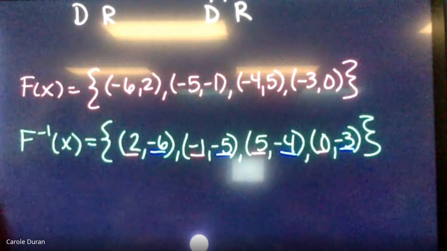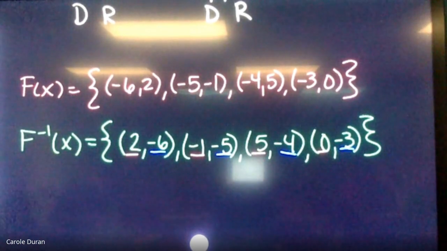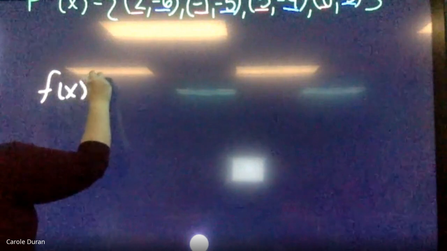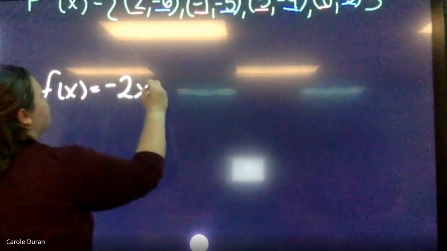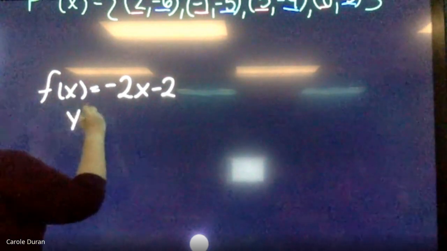So what happens if we're given a function that's not a set of points? Let's say specifically I've been given the function f of x equals -2x minus 2. And I would like to find the inverse for this function. The first thing we're going to do is replace f of x with y because it's equal to that.